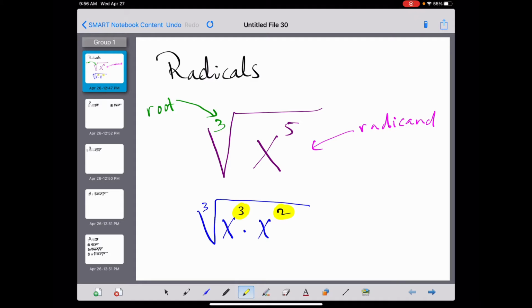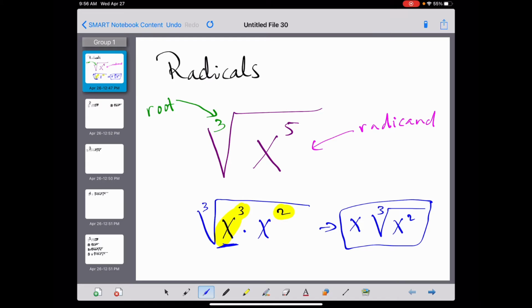Right here you see this part matches. That means that base x gets to go out. The one that doesn't match is stuck inside the radical because it doesn't have enough power to get out. Think of it that way. So x gets to go out, and the x squared is stuck behind. So this right here is simplified. This is a simple case to look at.